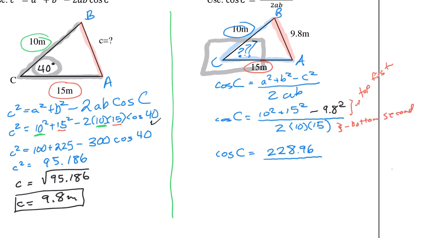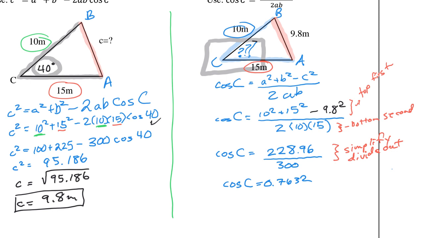So we multiply it out and we get 300 on the bottom. Now that we've done that, we're going to simplify the fraction. That's right. We just simplify and divide it out. And that's going to give us a decimal. So you're going to end up with cosine of c is 0.7632.